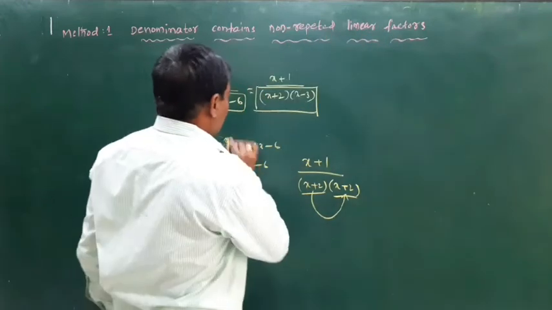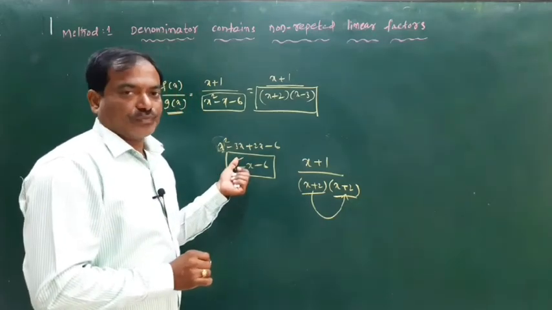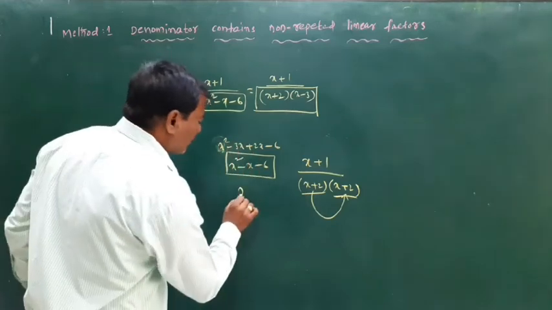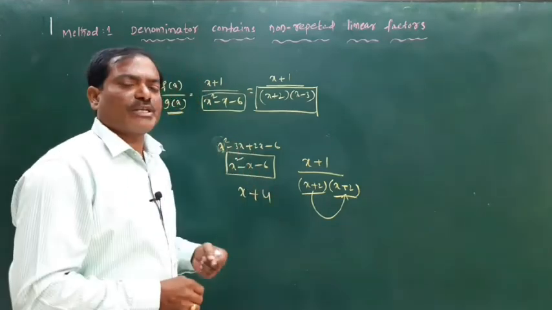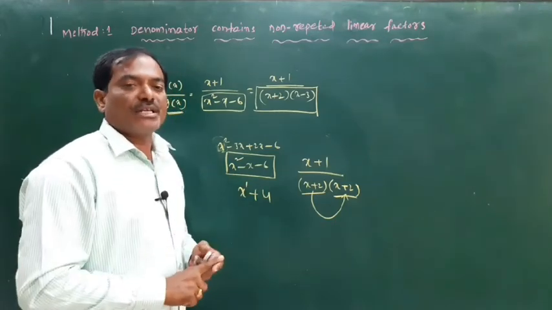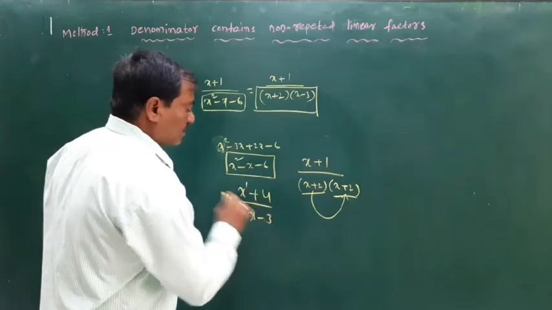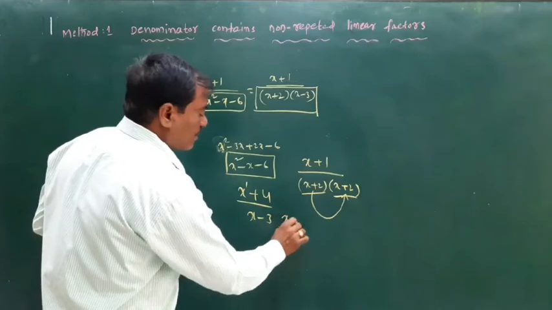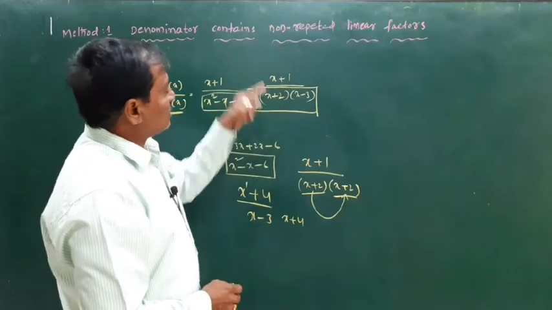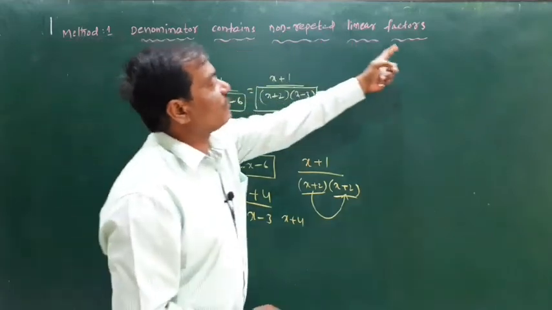A polynomial of degree 2 is said to be a second degree polynomial. If x plus 4 is given, its degree is 1, and a first degree polynomial is said to be linear. So x minus 3 is linear and x plus 4 is also linear. Clear? The denominator g of x contains non-repeated linear factors.